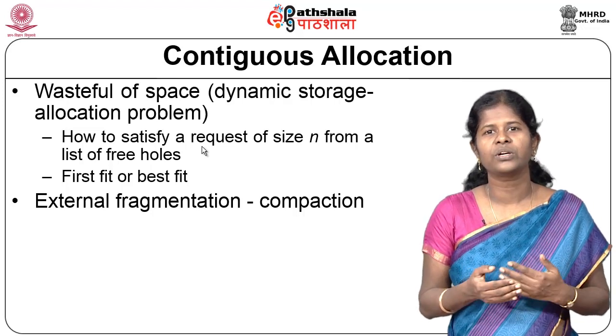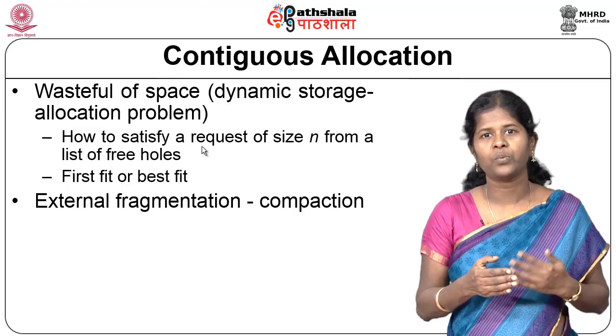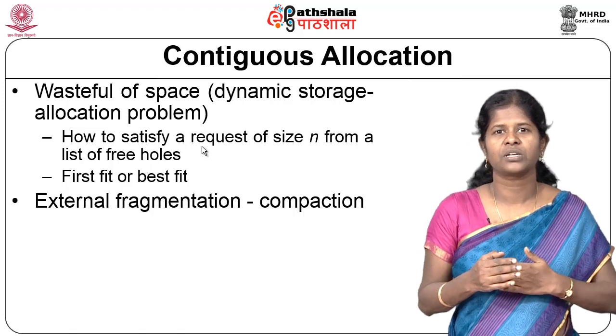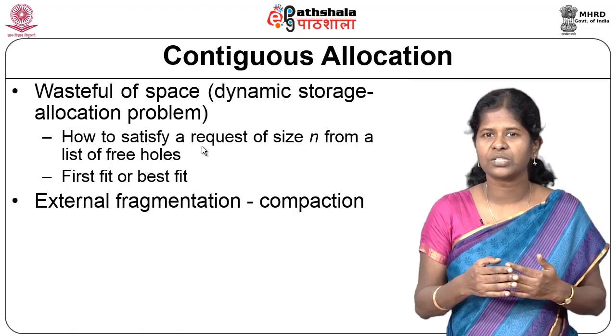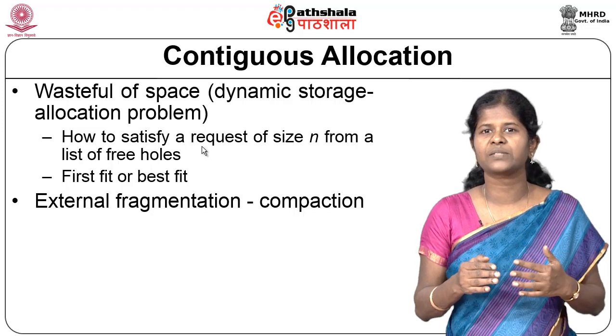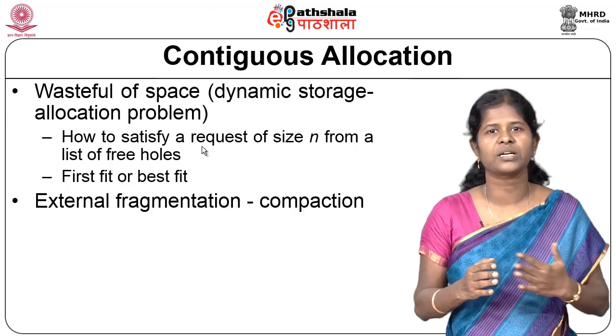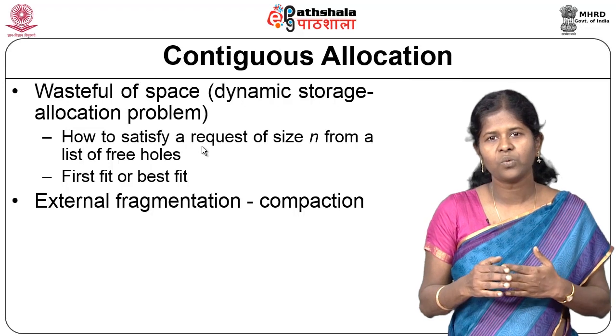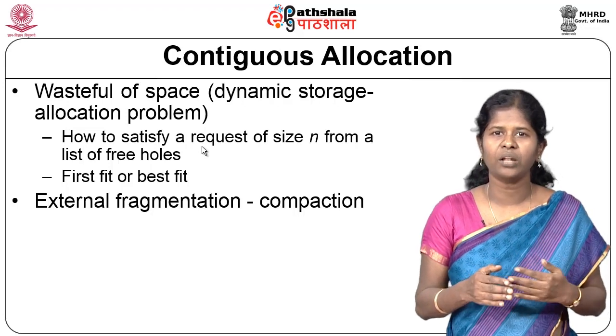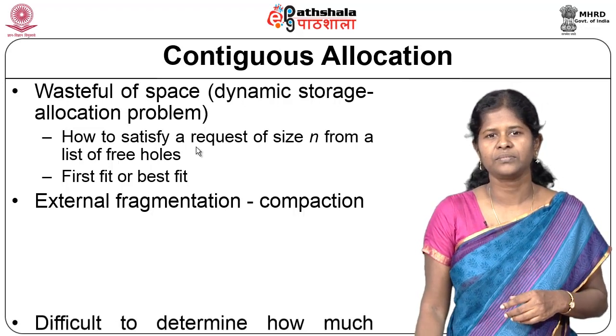Suppose you want to allocate space for a file which needs 10 contiguous disk blocks, you may not be able to allocate because the free disk blocks are here and there, they are not contiguous in one place. So, what we need to do is that you can solve this using compaction.